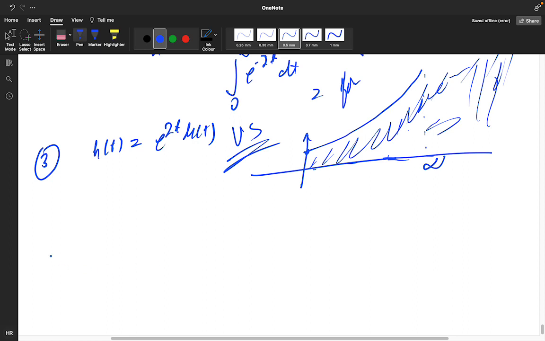So see, question number 4. E power minus 3j t u of t. This will be stable or unstable?